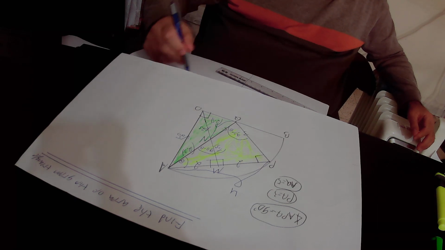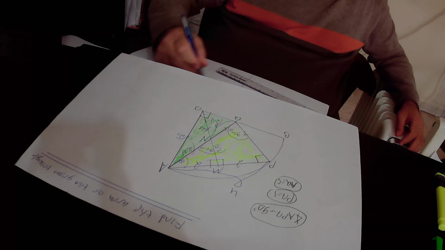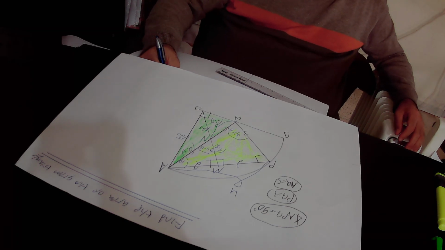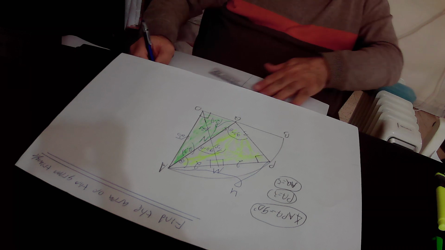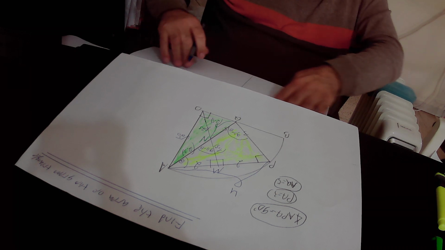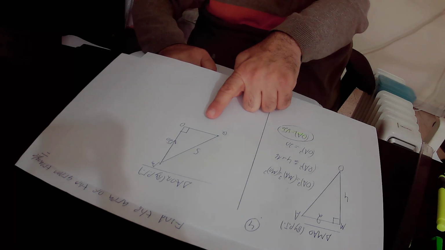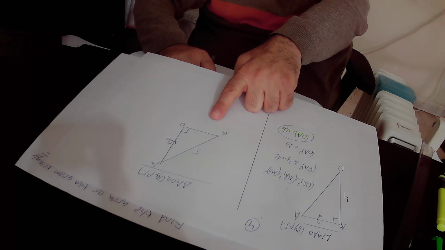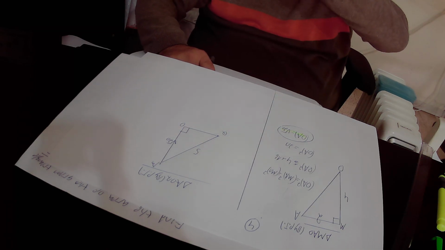AO equals the square root of 20 units. AQ equals 5 units. So actually, this is the right triangle AOQ that I copied from the original drawing. Here PT is the abbreviation for Pythagoras theorem.